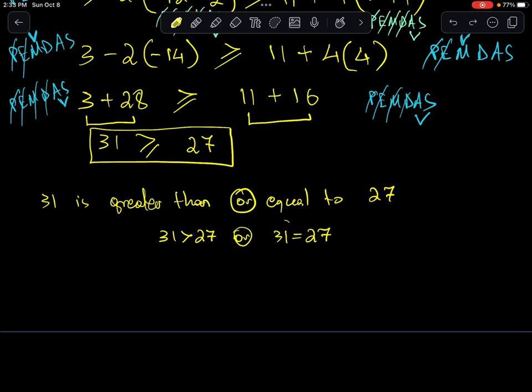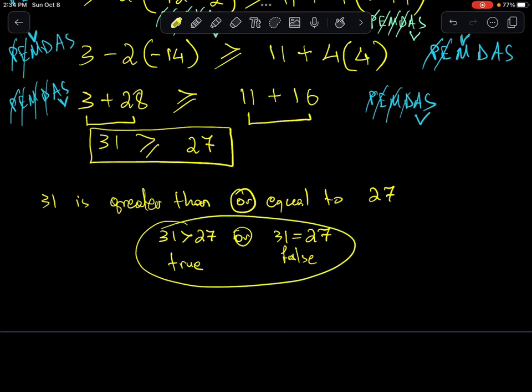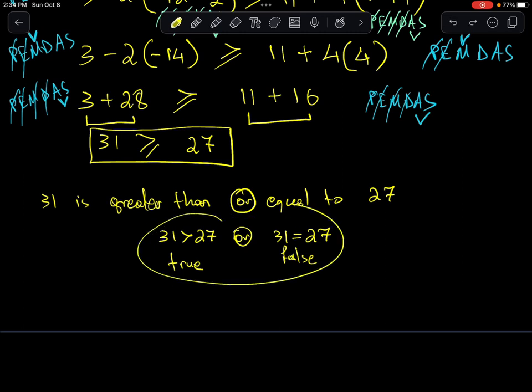Now, as we look at this one, obviously 31 is not equal to 27. That's false. And we start worrying what's going on. But when we look at this one, this is true. So because one of them is true, the whole thing is considered as true. That's what or, the mathematical or, means.